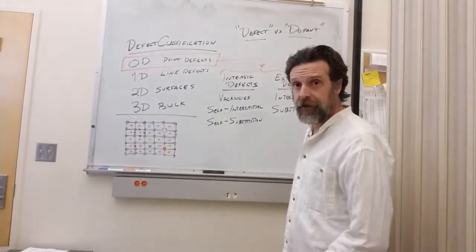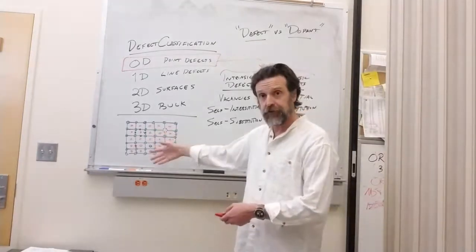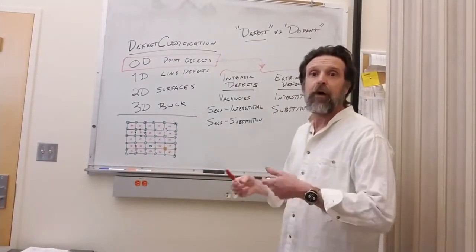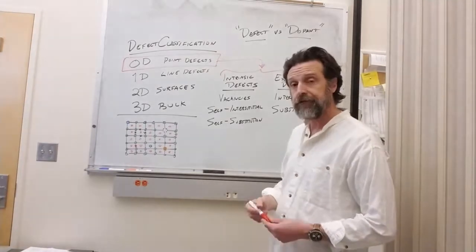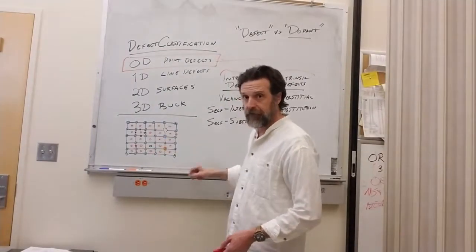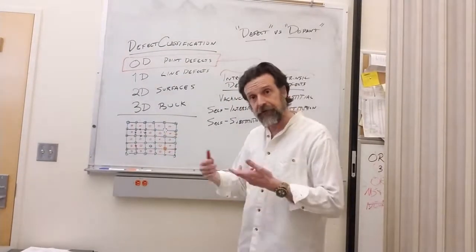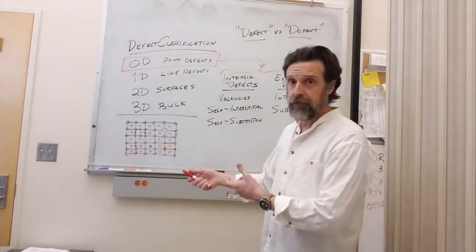Now, it's worth commenting that anytime you have a point defect, whether it's interstitial or substitutional, it requires energy to create that. In part, that has to do with the fact that, for example, here, we had to take a red atom out and put a blue atom in. And those are different atoms. They have slightly different sizes. They have slightly different bonding properties.